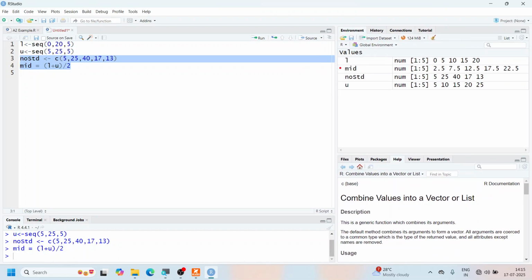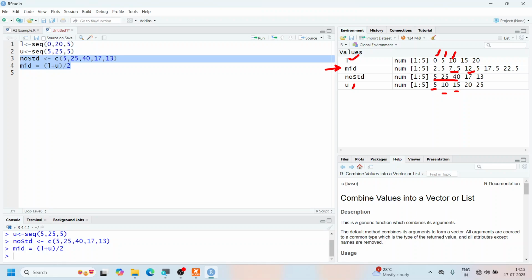If you notice over here, this is the mid. The mid is 0 plus 5, this is the lower limit, this is the upper limit, by 2, that is 2.5. Next one is 5 and 10 by 2, that is 7.5. And next one 10 plus 15, that is 12.5, and so on. So you get the mid value.